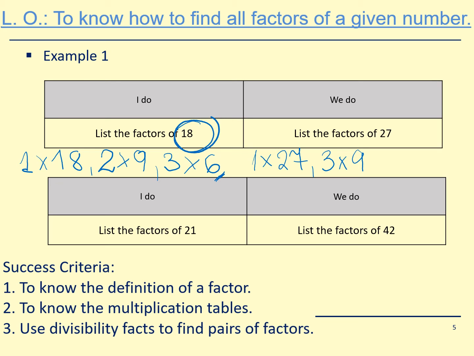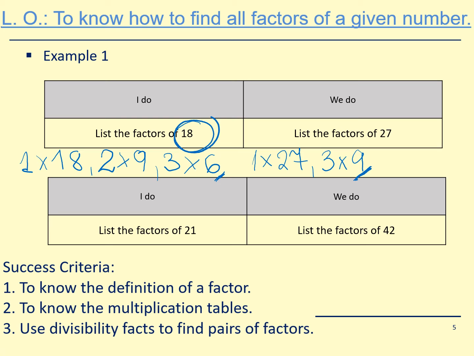And 9, yes, it can be divided by 9, and 9 is already on our board because it's been paired up with 3. So that's how we know we've listed all the factors of 27. So 27 has 4 factors: 1, 3, 9, and 27.